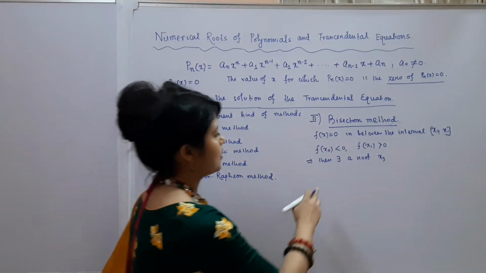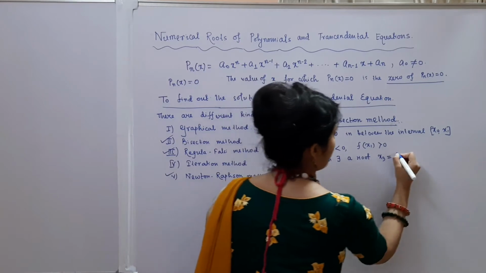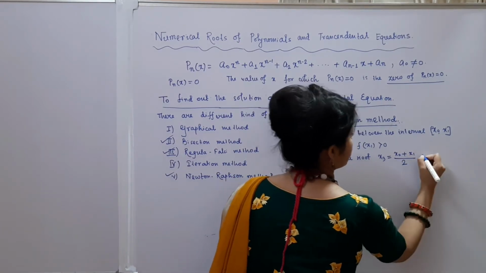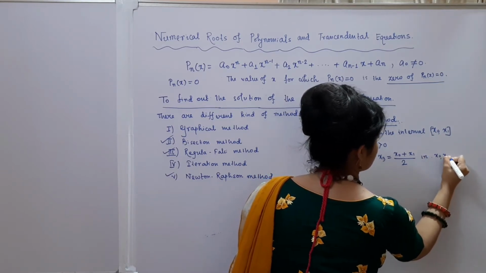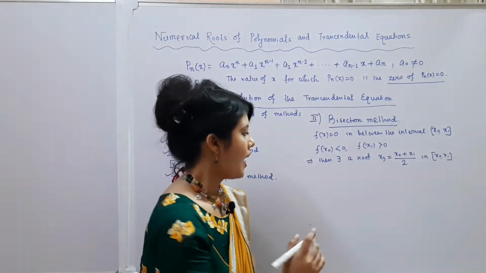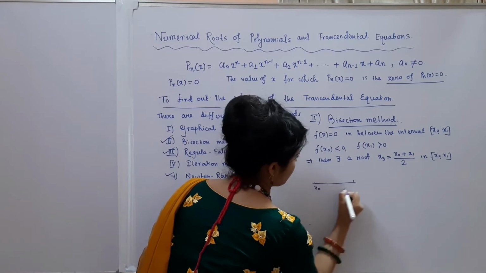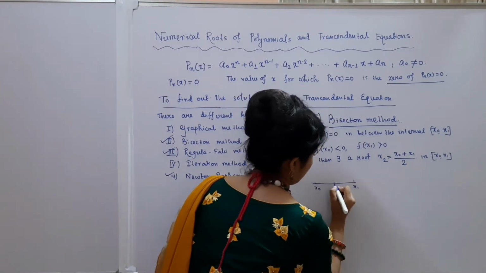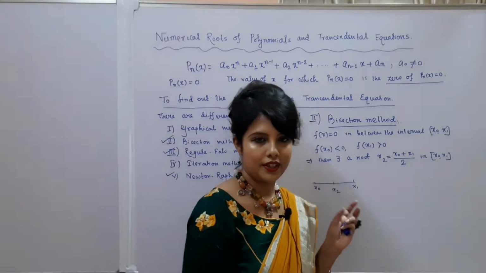Then there exists a root x2, and x2 will be (x0 plus x1) by 2 in (x0, x1). So if I consider this is x0 and this is x1, then this x2 should lie in between x0 and x1.